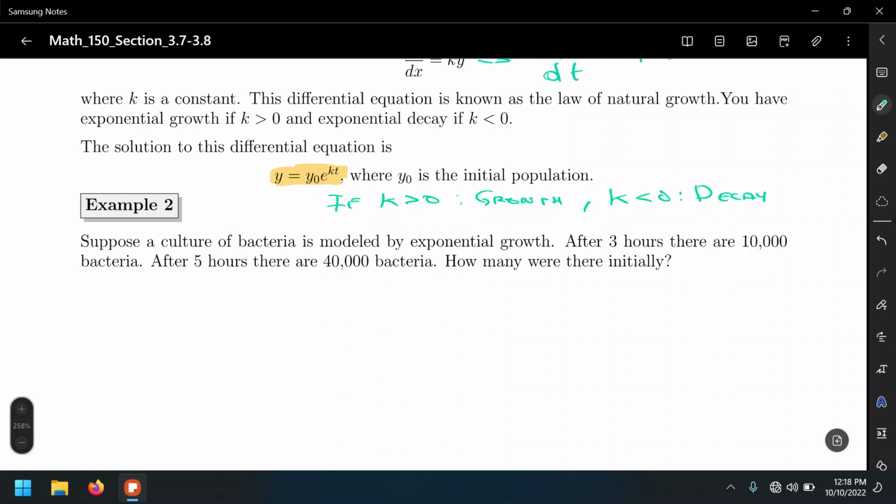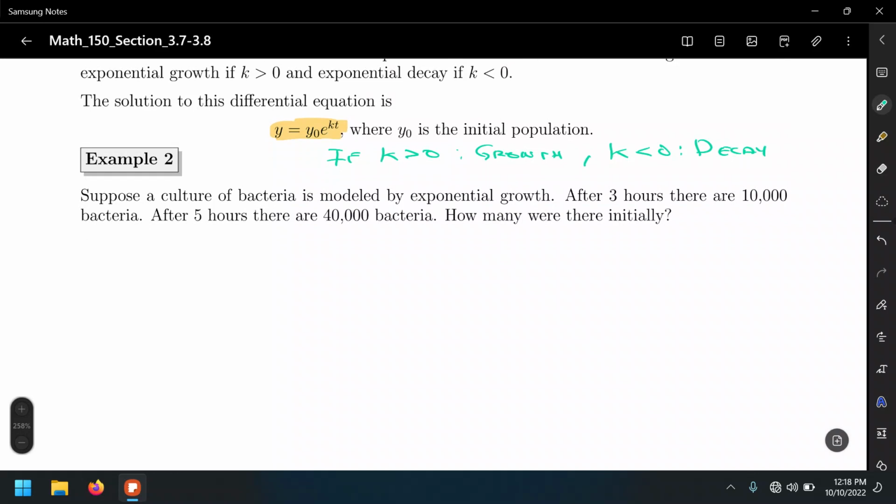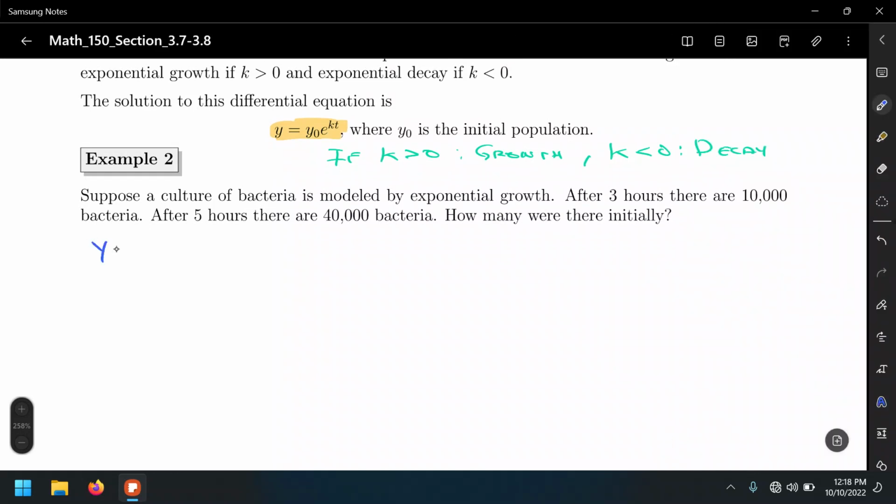So we have to use this exponential growth. In this case, let's call this x and y. Using this exponential model, y equals y initial e to the kt, for the first pair of information, after 3 hours there are 10,000 bacteria.